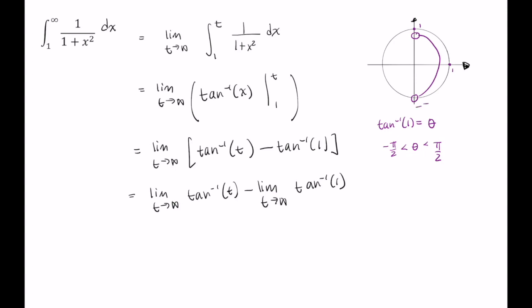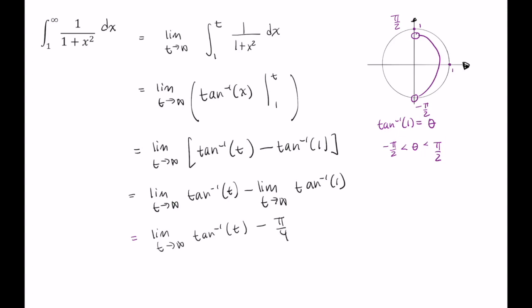So from negative pi over 2 to pi over 2, and we don't want to include these actual endpoint angles. Now where in quadrants 1 and 4, where is tangent of an angle equal to 1? If you said pi over 4, you are correct. So now I have that this is the limit as t approaches infinity of tangent inverse of t minus pi over 4.